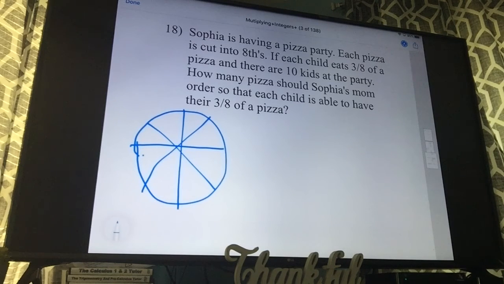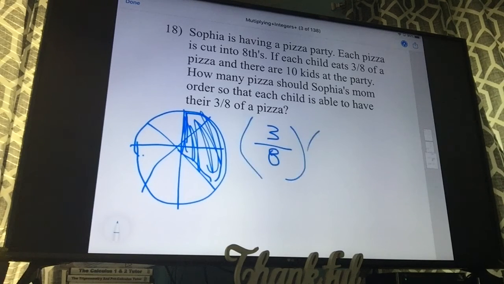There are 10 kids at the party. How many pizzas should Sophia's mom order so that each child is able to have their 3/8 of a pizza? So what that's saying is each kid eats 3 sections of the 8 slices of pizza, okay? So we know that each kid eats 3/8 of a pizza, and we also know that we have 10 kids.